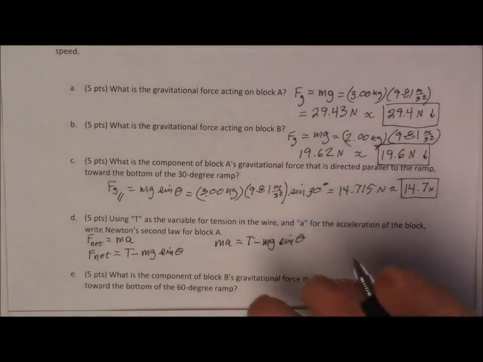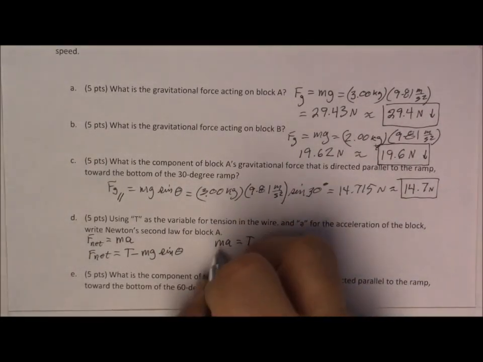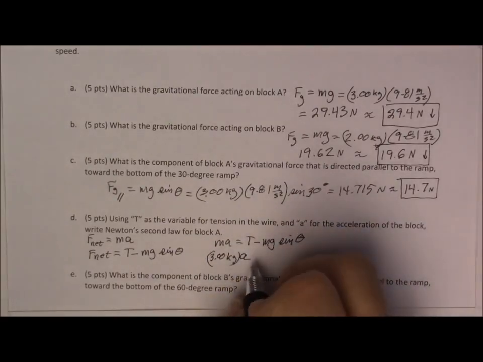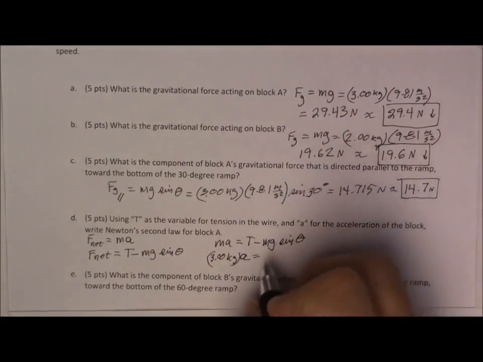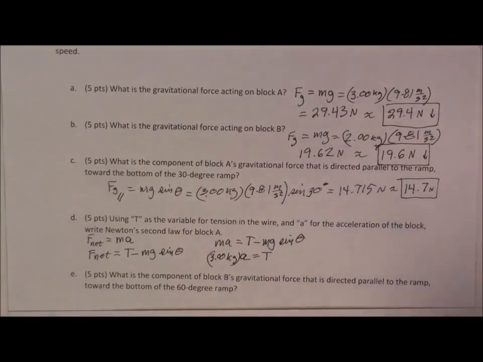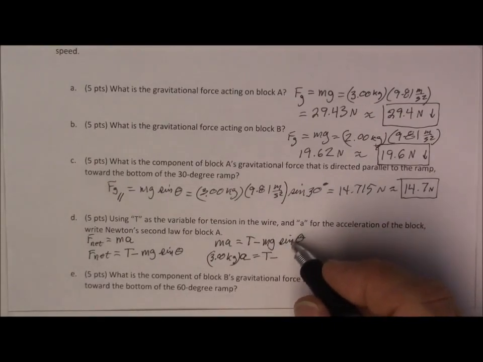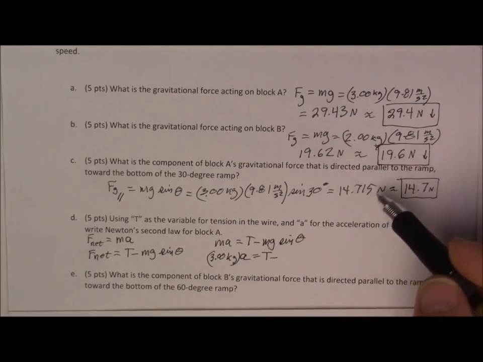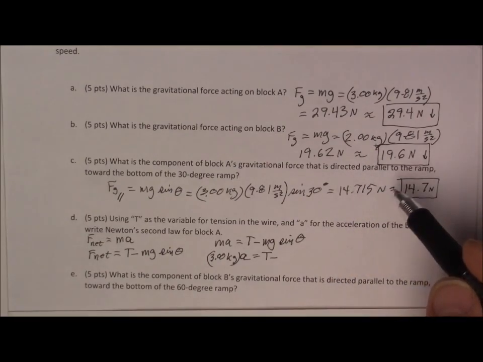Now we can just plug in the numbers where we know what the numbers are. Mass of block A is 3.00 kilograms. Acceleration is unknown, so we'll leave it at that. Tension is unknown, so we'll leave it as a T. Minus mg sine theta. Well, we already calculated mg sine theta right above here, 14.715 newtons.